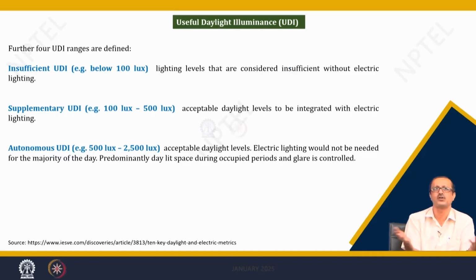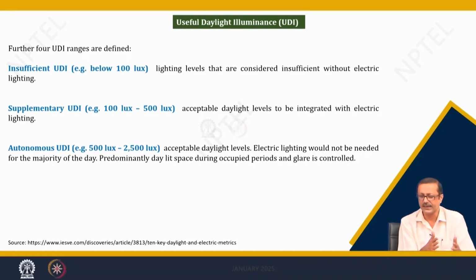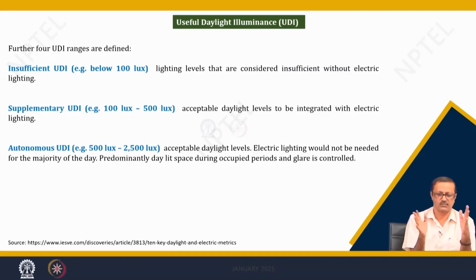So, 500 and more, most of the time, maybe 70% of the time. Electrical light would not be needed for the majority of the day, maybe sometimes it is dark because of the overcast sky and clouds. So, on those days it will mostly not be required.